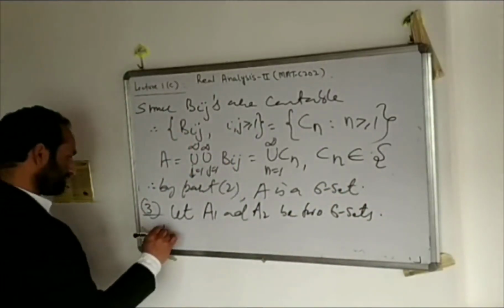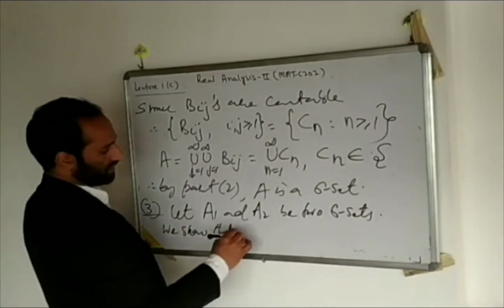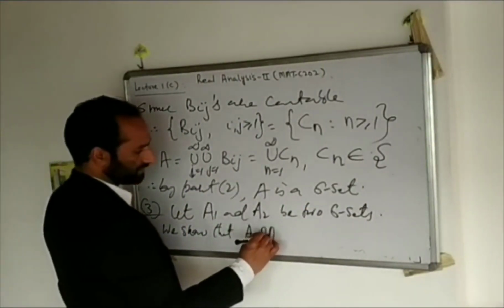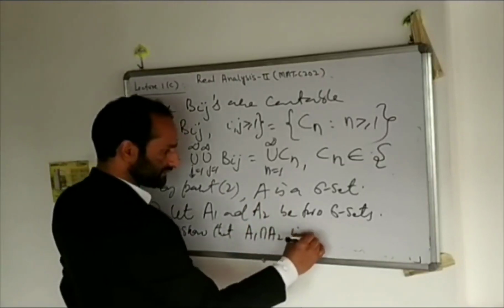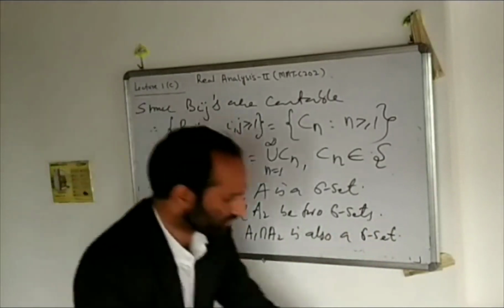We show that A1 intersection A2 is also a sigma set.